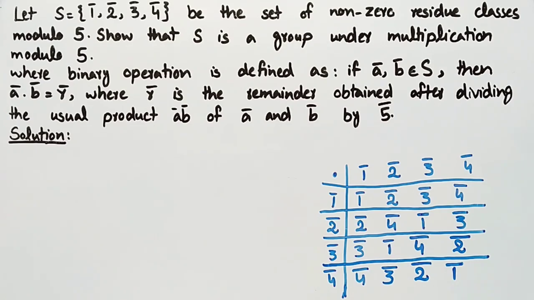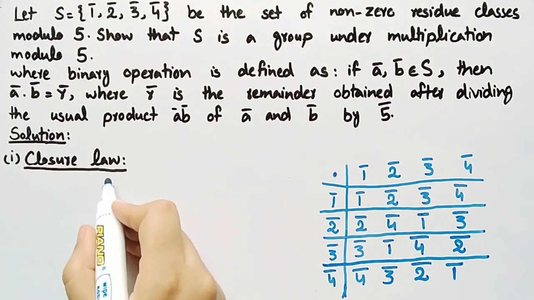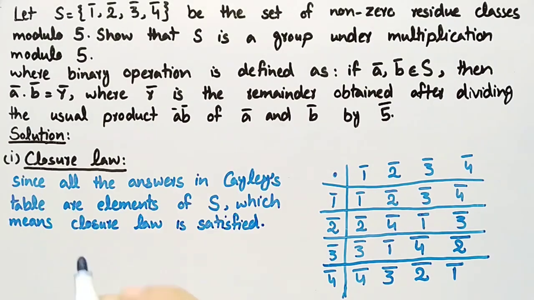Since Cayley's table has been constructed, now we will check the axioms of a group one by one. The first axiom is closure law. Since all the answers in Cayley's table are elements of S, closure law is satisfied.